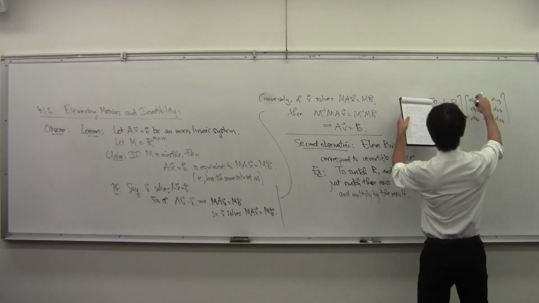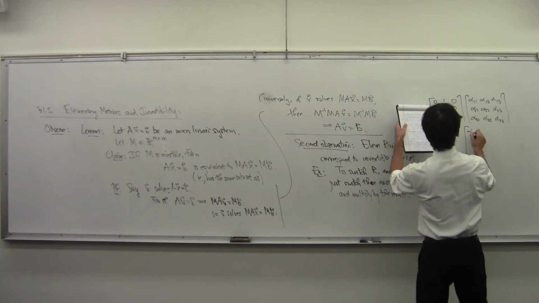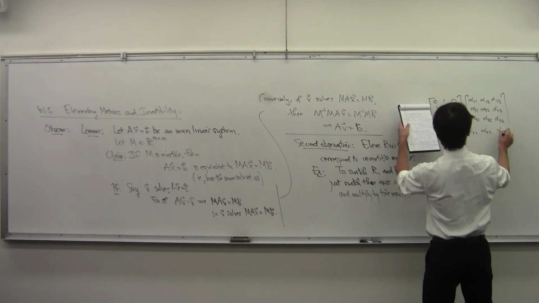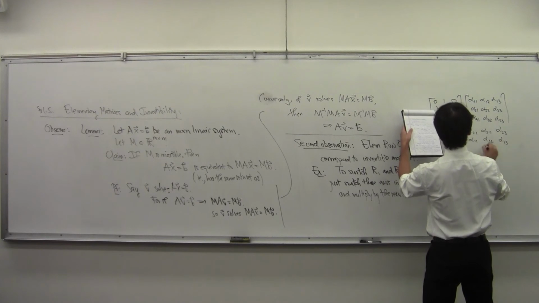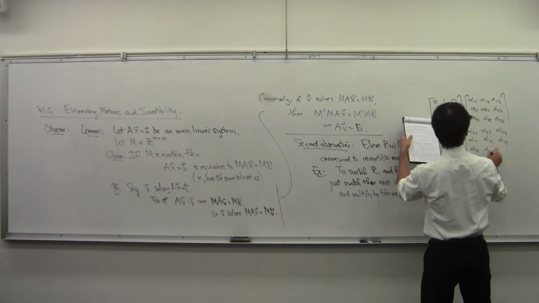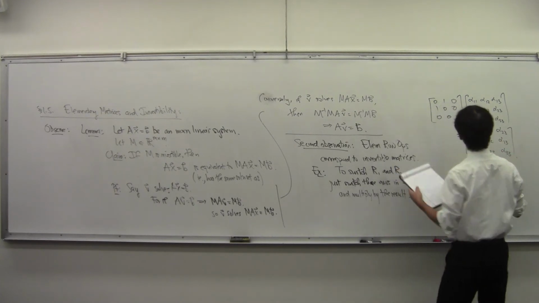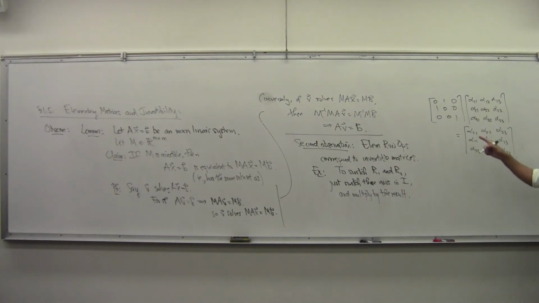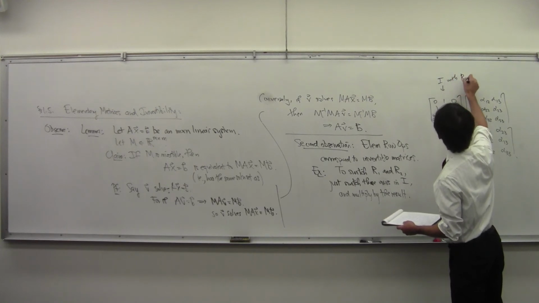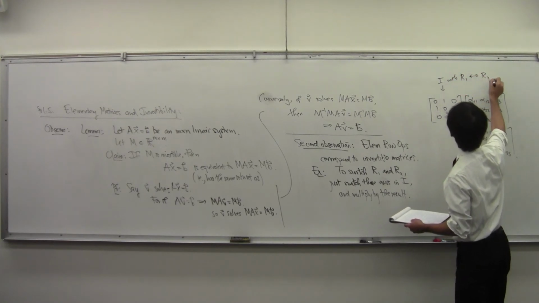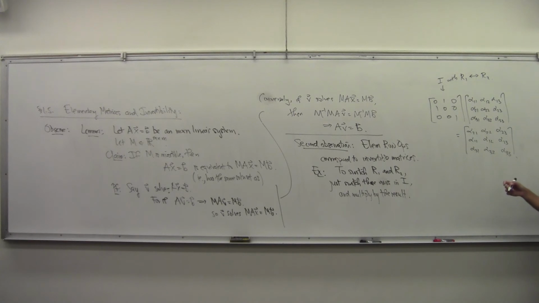I'm going to get A21, A22, A23, A11, A12, A13, A31, A32, A33. So this is the matrix with R1 and R2 switched. And the same thing happens for the other transformations.